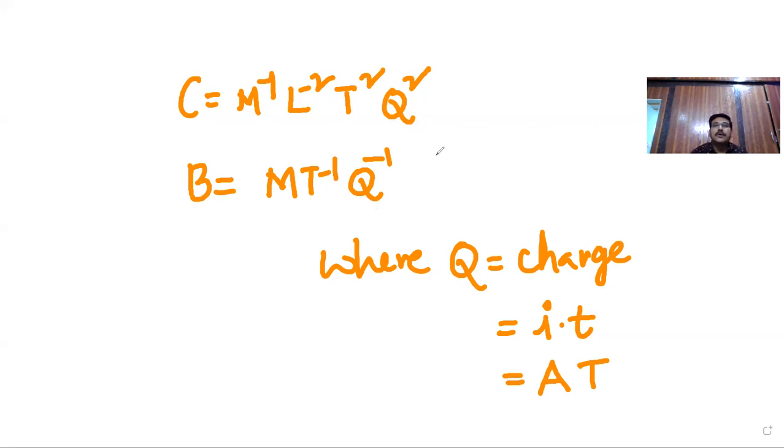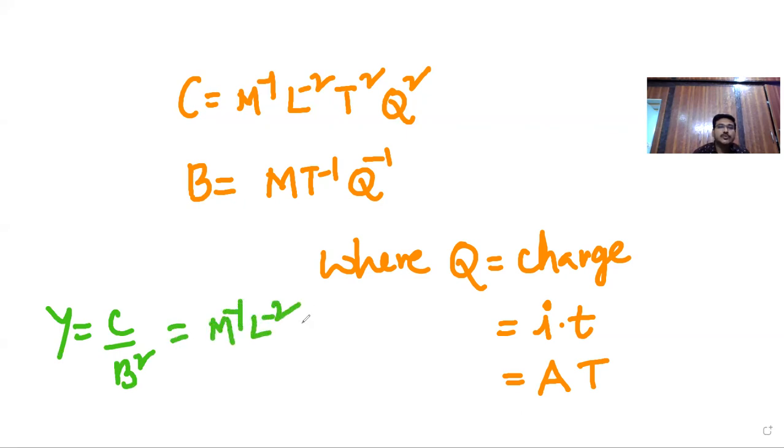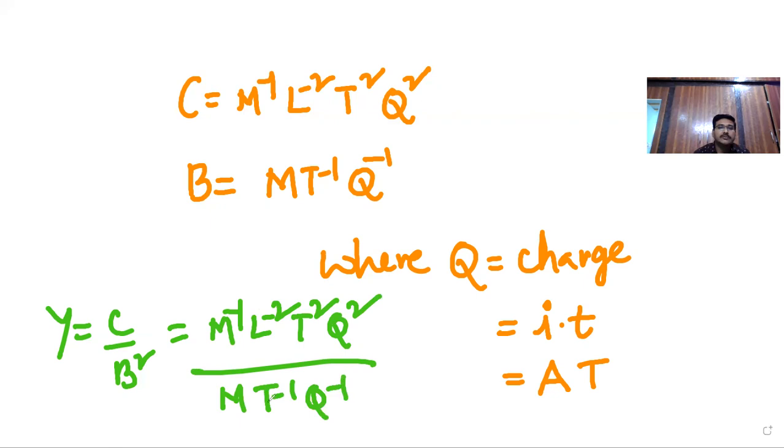Clear? Now, what does he require? He requires the dimension formula of y. Y is C by B square. C is M minus 1 L minus 2 T square Q square divided by M T minus 1 Q minus 1, this entire thing squared.